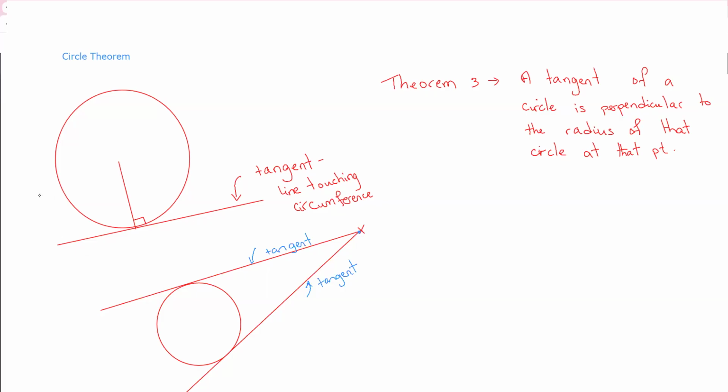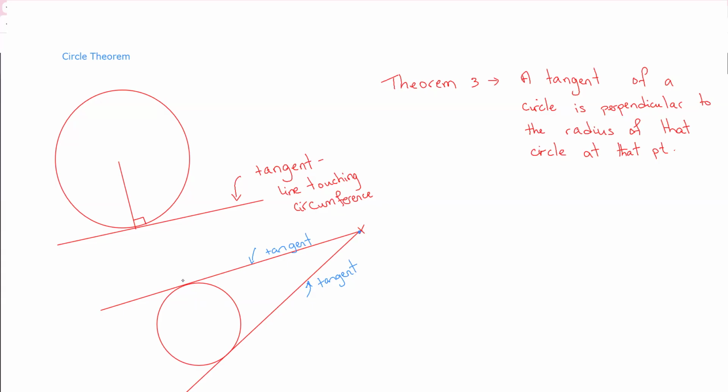Now, if that's the case, remember, this point here is going to be perpendicular, right? This point here is also going to be perpendicular. Now, the distance, meaning the radius meeting the tangent, right?